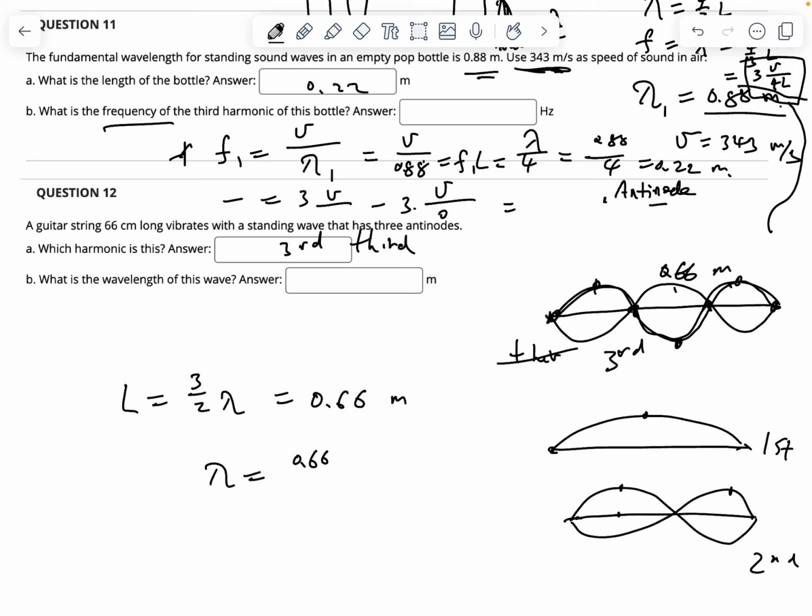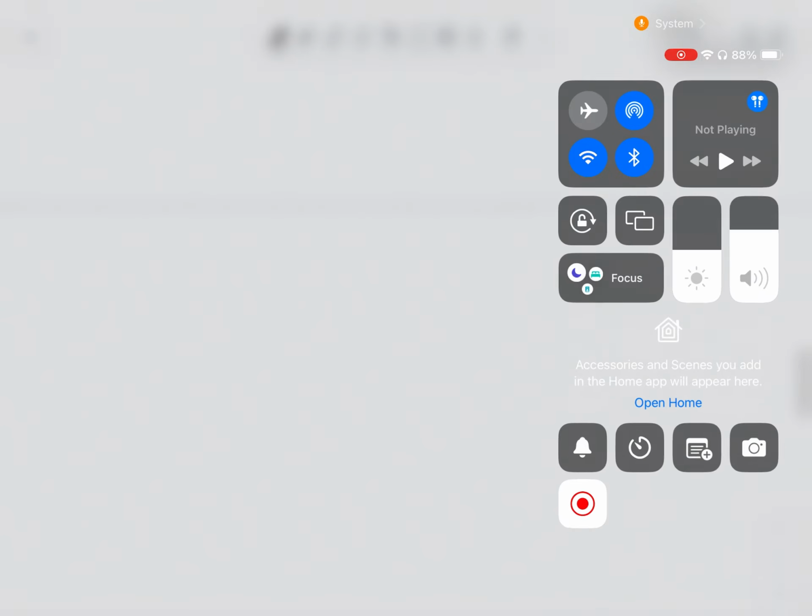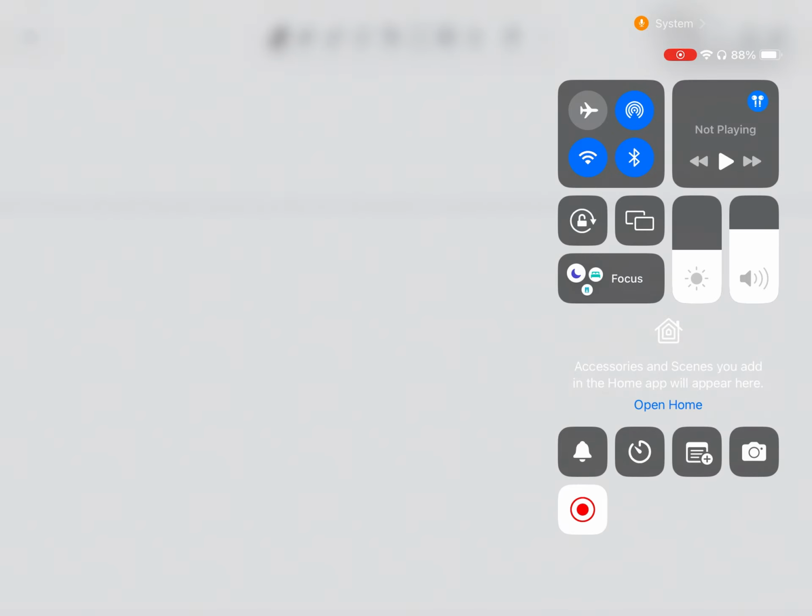And the wavelength equals 0.66 meter times 2 divided by 3, so 0.44 meter. That's the wavelength. Okay, because you see L equals 1 wavelength plus 1/2, okay, so this relationship. All right, so that's all for this.